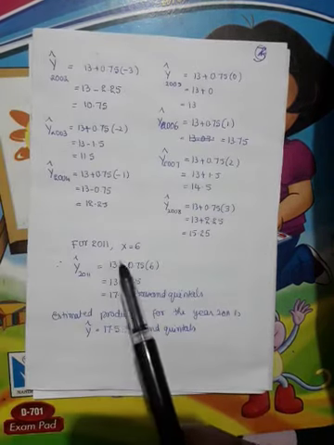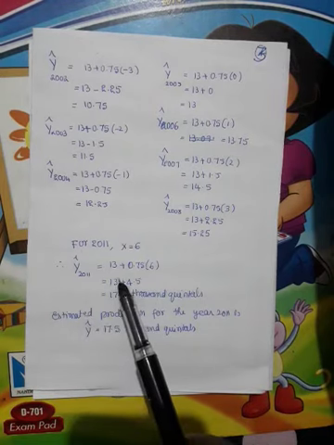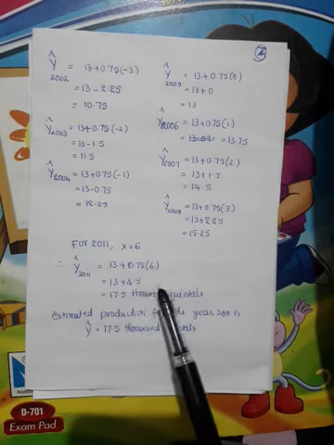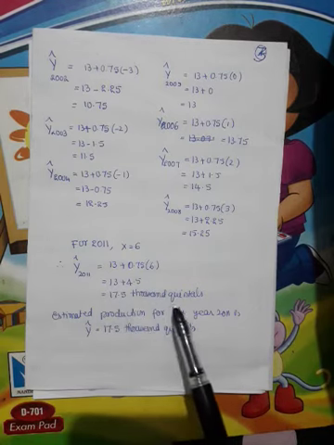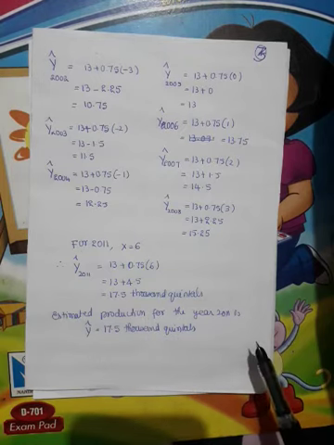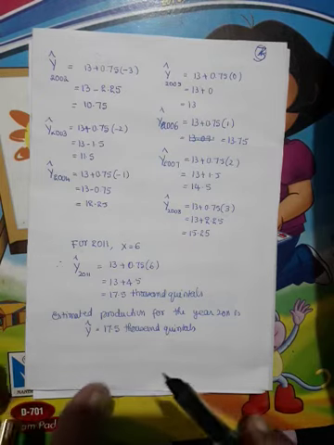So for 2011, x is equal to 6. Therefore, ŷ2011 is equal to 13 plus 0.75 into 6, that is equal to 13 plus 4.5, that is equal to 17.5 thousand quintals. Therefore, estimated production for the year 2011 is ŷ equal to 17.5 thousand quintals.